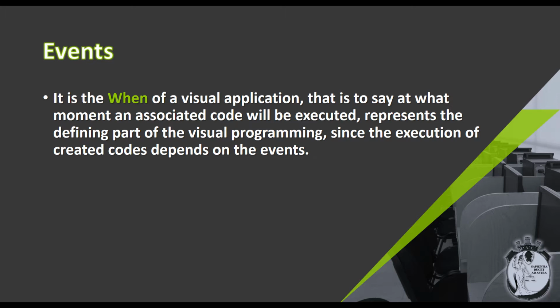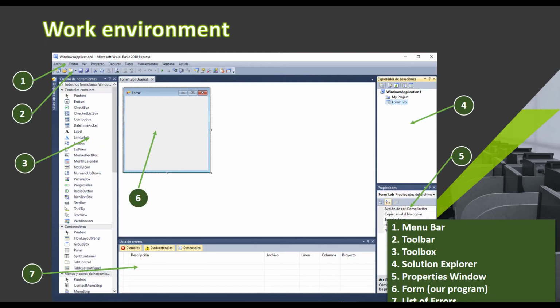So when will you calculate a multiplication, for example, when you calculate if you can vote, or when you calculate if you have enough money for that transaction. This is the most important thing for visual programming.